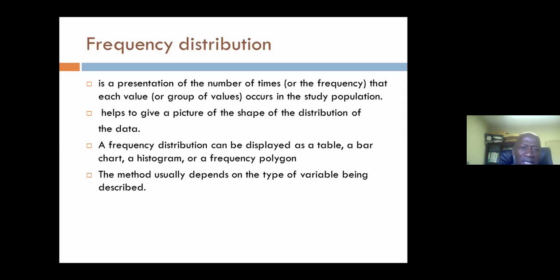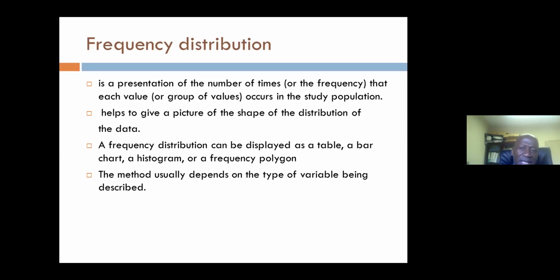So the frequency distribution gives us a pictorial view of the way our variable, in terms of categories, is distributed. We can display a frequency distribution in tabular form, in the form of a table, or in graphical form.